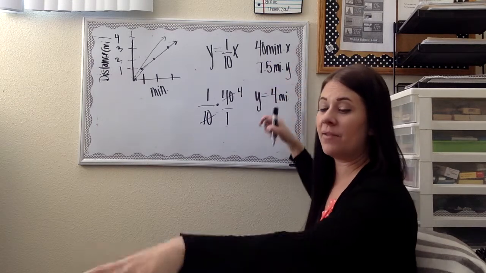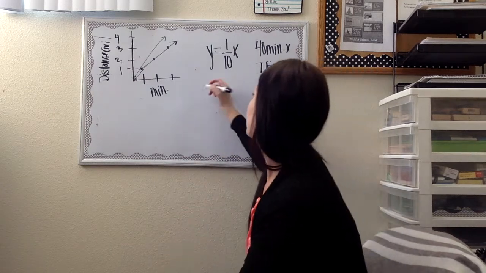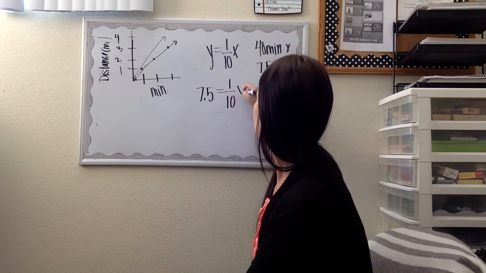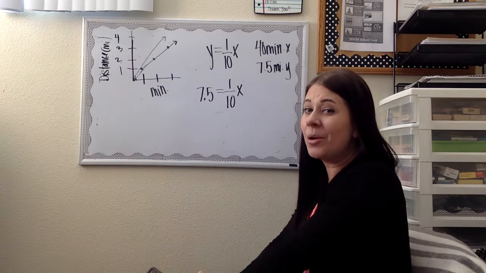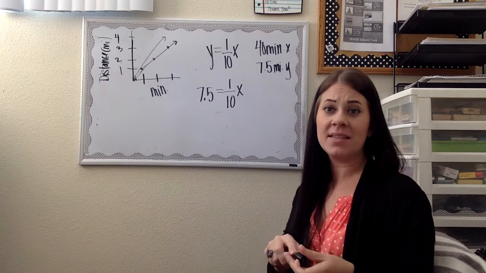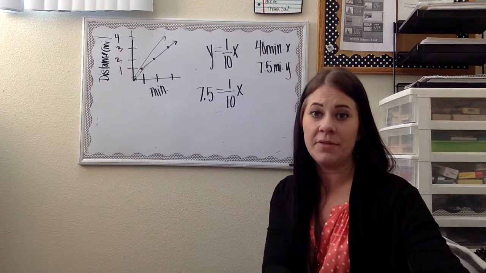Now we're going to plug in the 7.5 for y. So I'm going to put the 7.5 where the y is. Okay, so this is a little bit harder math to do. So I'm going to explain this, and then I promise you we'll do more problems like this in case it's a little confusing.